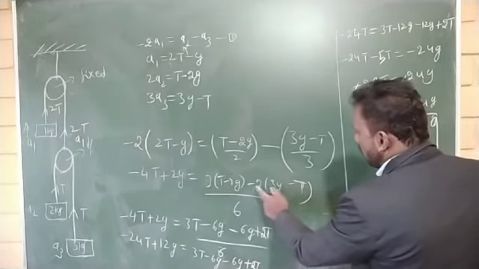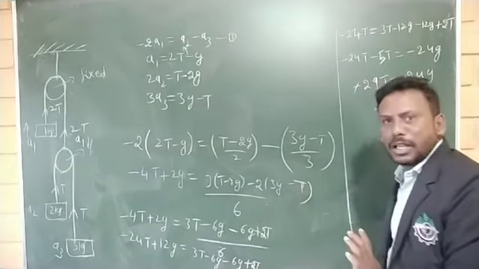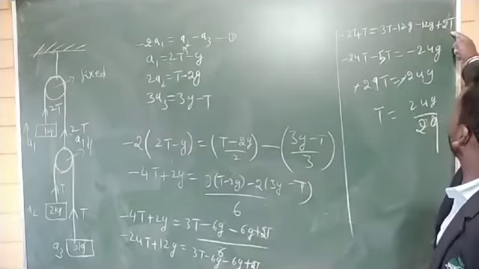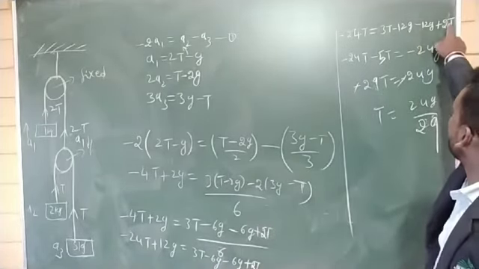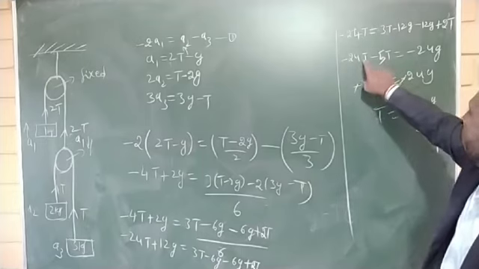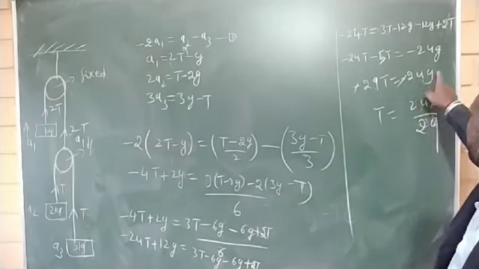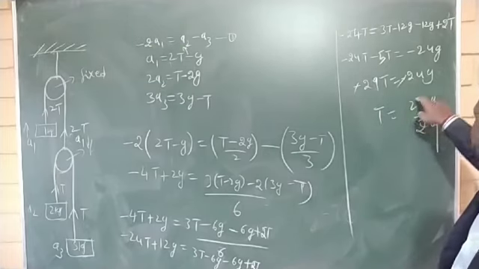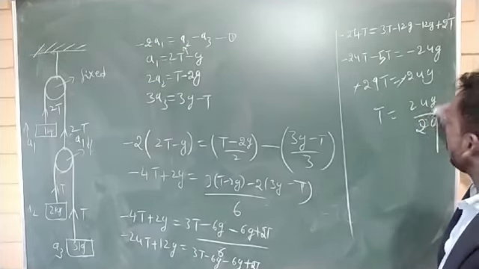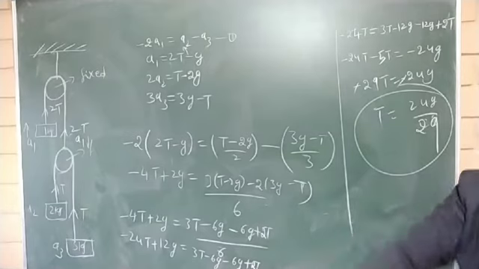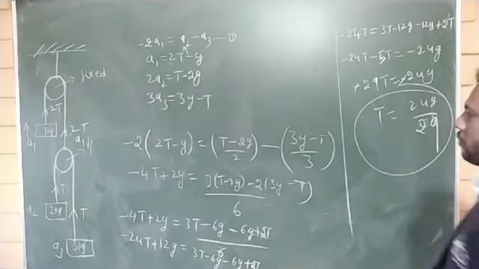Minus into minus is plus. 2 into T is 2T. And 3T plus 2T is 5T. 24T plus 5T is 29T. That is equal to 24g, minus minus cancel. T is equal to 24g divided by 29.